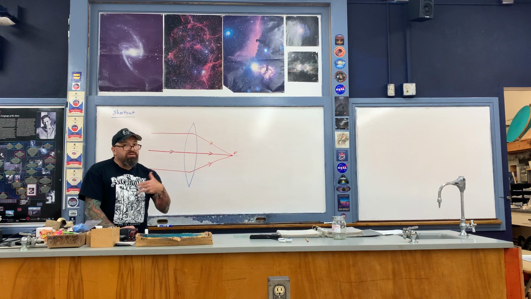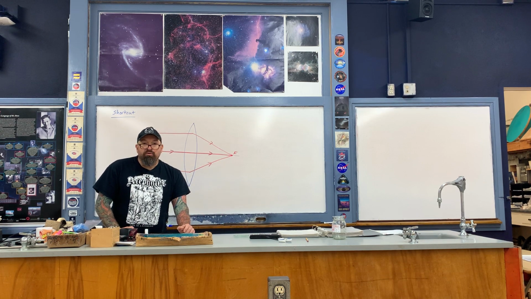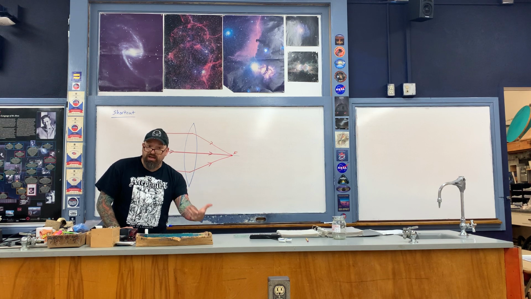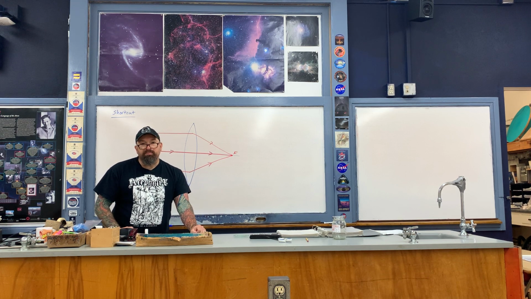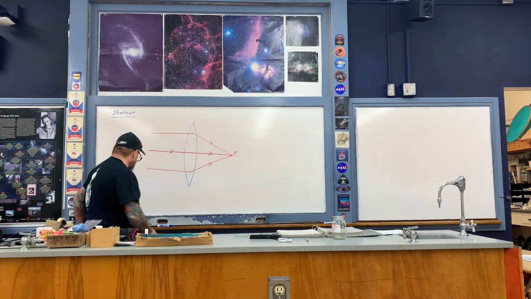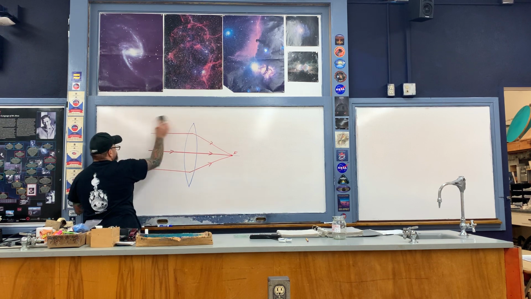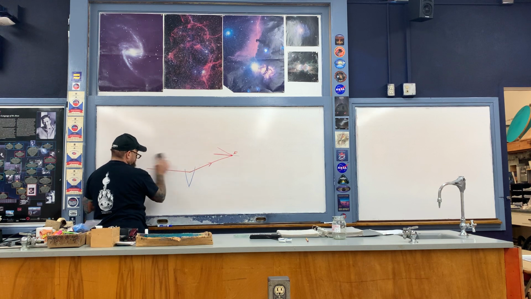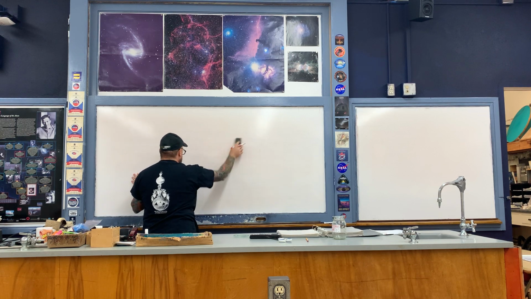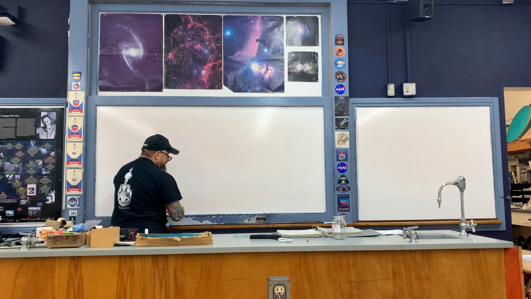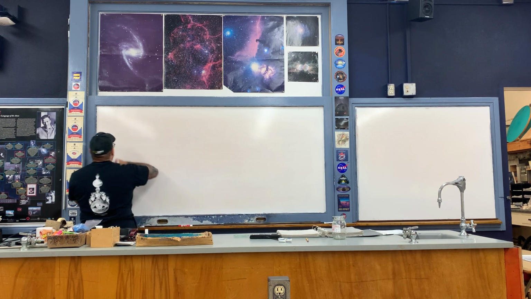Okay, now essentially I'm going to do the exact same process here for a diverging lens. The classic example of a diverging lens is what is called the double concave lens. Okay, so now we're going to find the focus of a diverging lens.